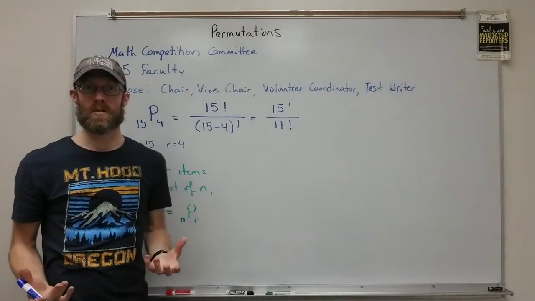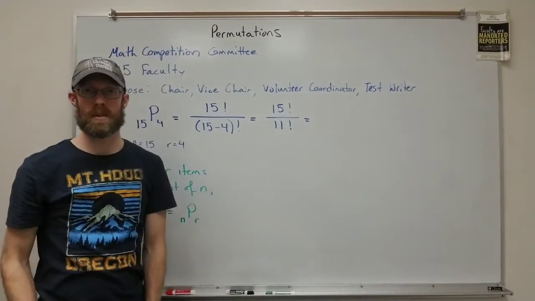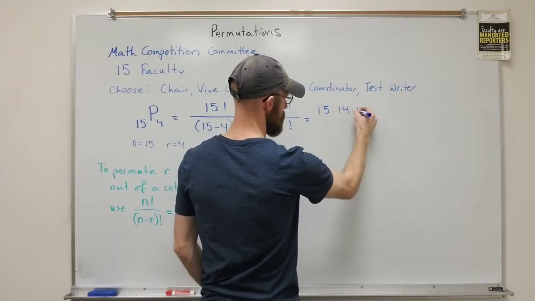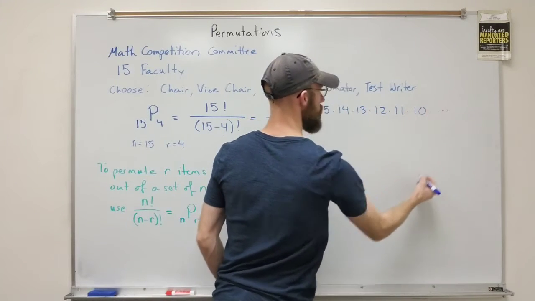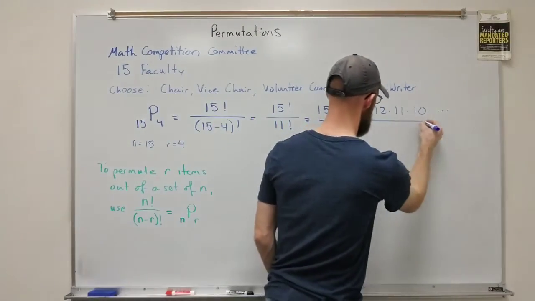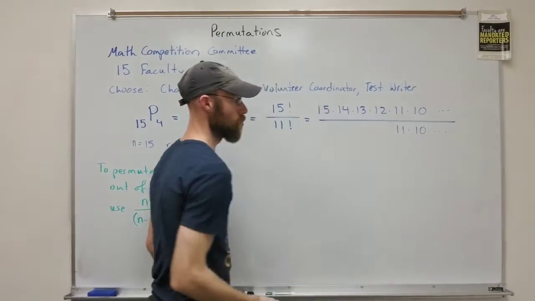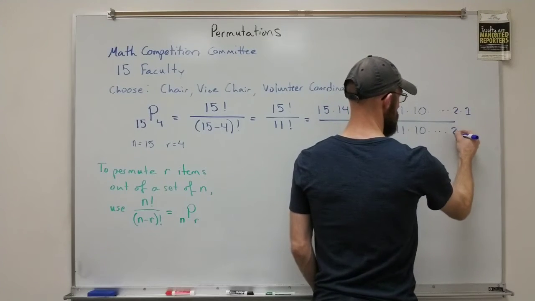And if we just write those out, you could write out all the 15 factorial, but that kind of gets tedious. 15 times 14 times 13 times 12 times 11 times 10, and so on. But notice, once you hit the 11, you're going to start repeating ones that are on the bottom. 11, 10, and so on, all the way down to 3, 2, 1.